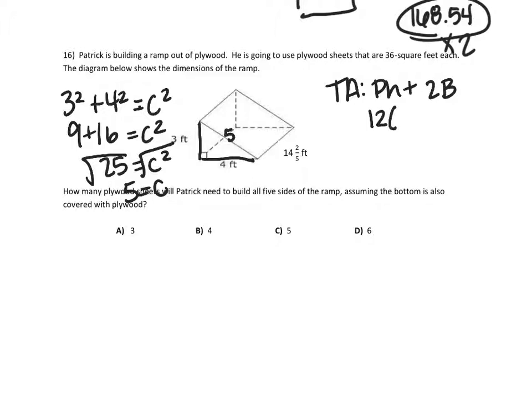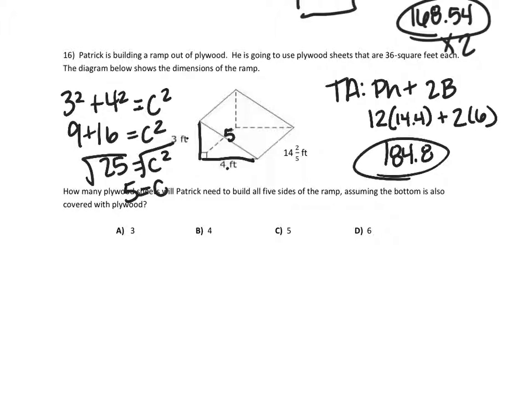Oh, no. I would use 14.4, plus 2 times the area of the base. 3 times 4 divided by 2, which is 6. So 12 times 14.4 plus 12 is 184.8. Okay, so that's how many feet he needs.